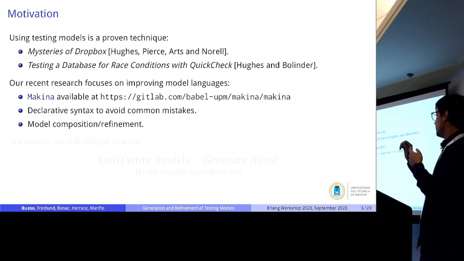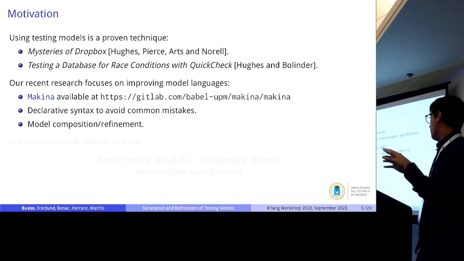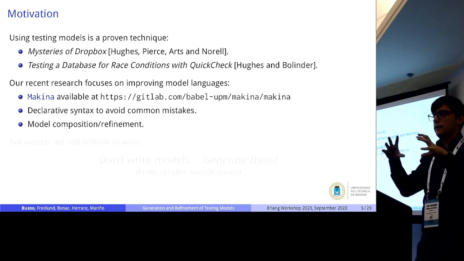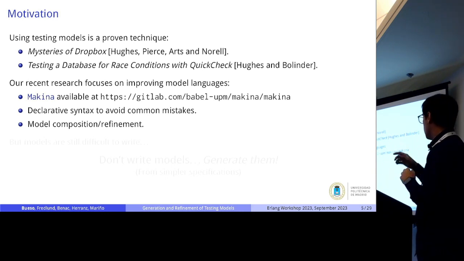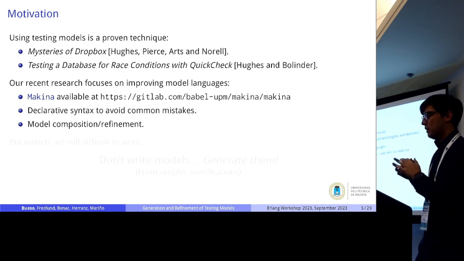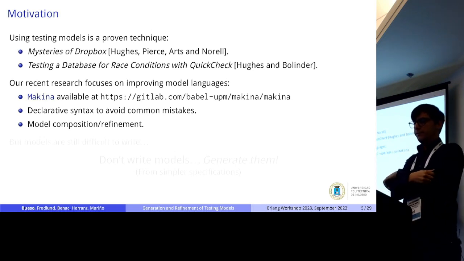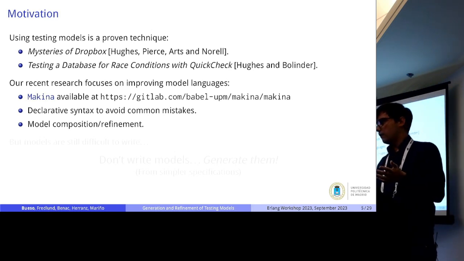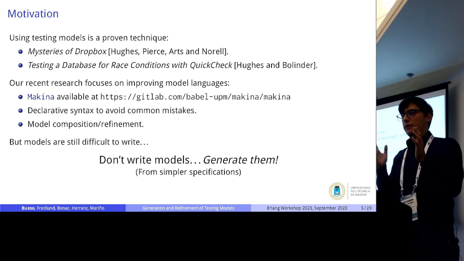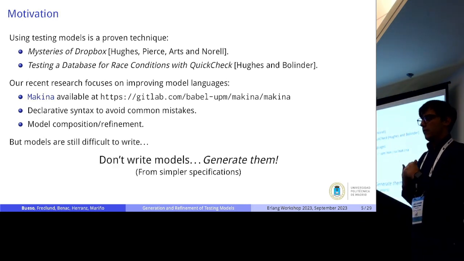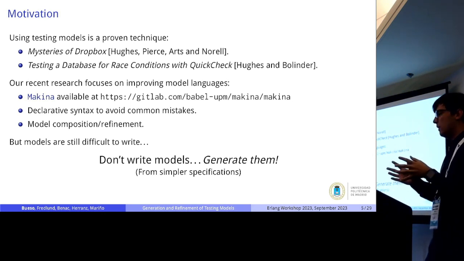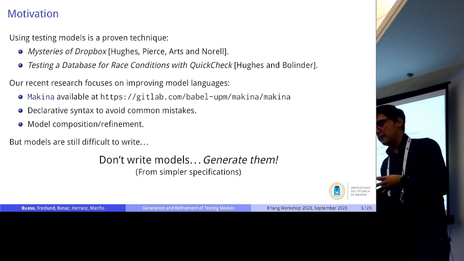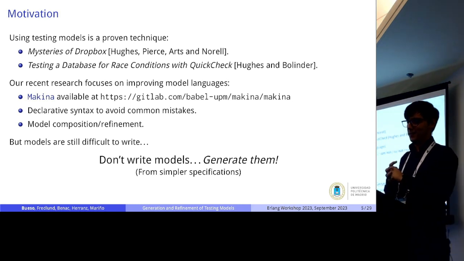First, a declarative syntax that helps us avoid certain kinds of common mistakes, and also introduces some composition and refinement operations. So the key idea of this talk is, these models are still very difficult to write. So the idea is don't write models, generate them, but this time from simpler specifications, okay?